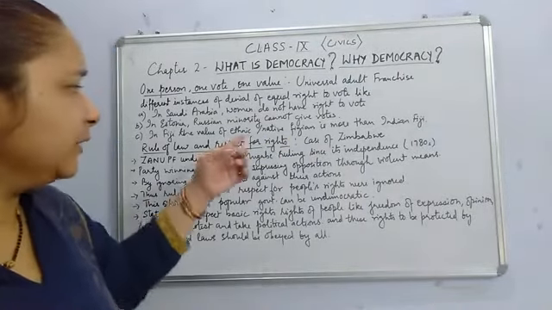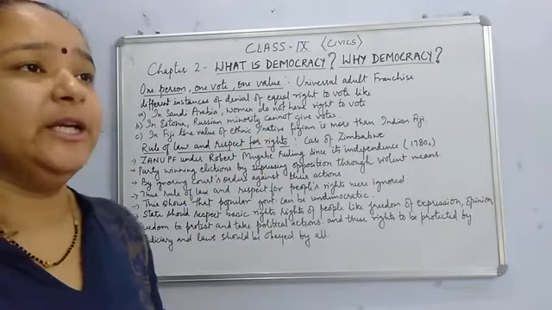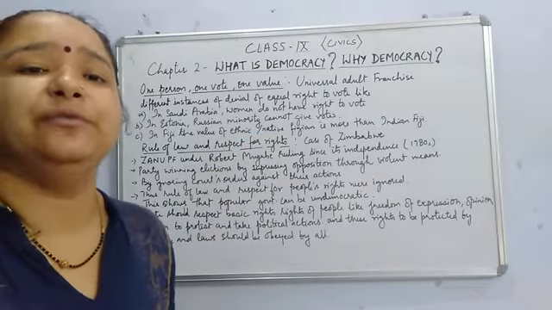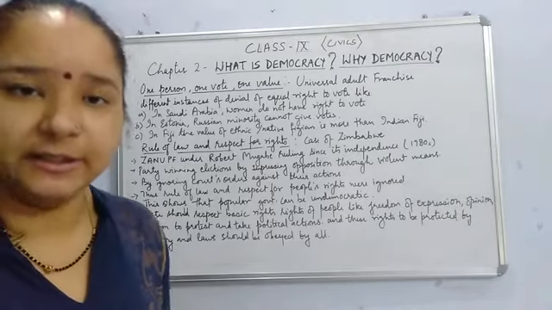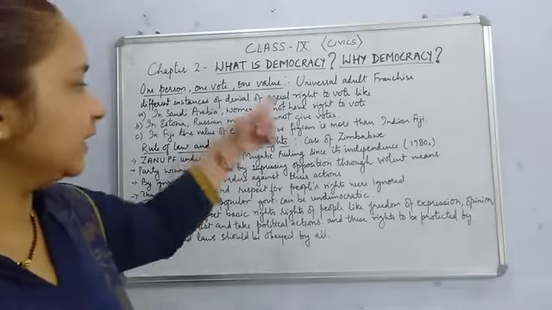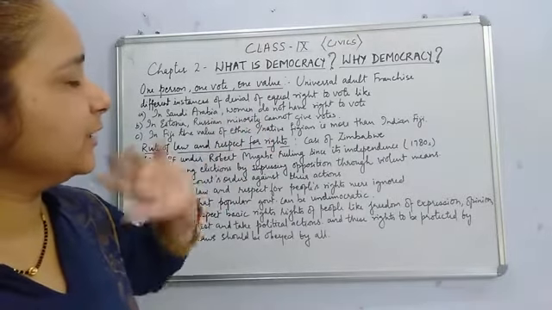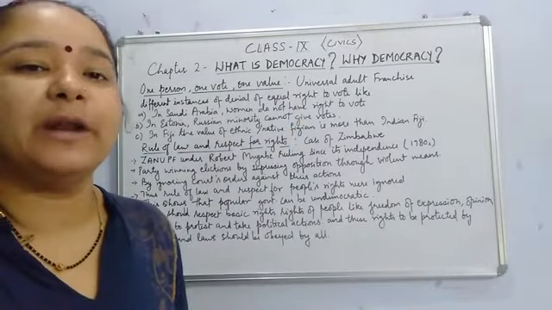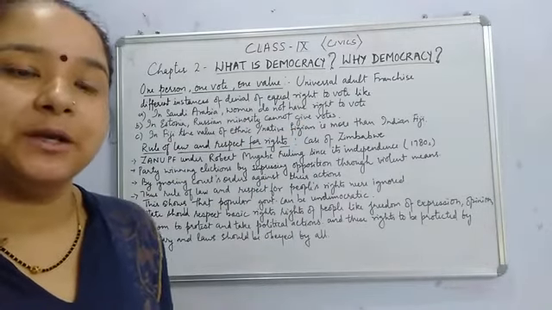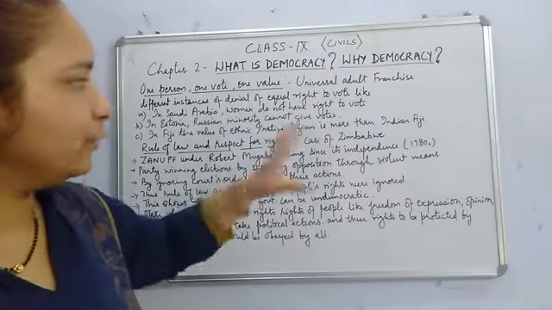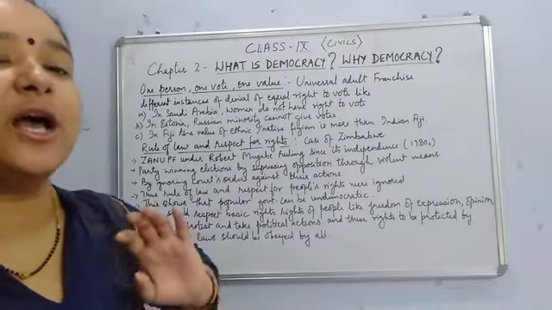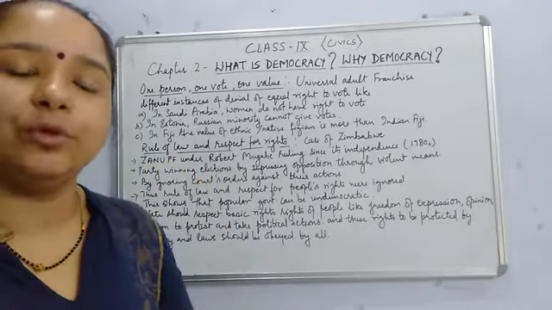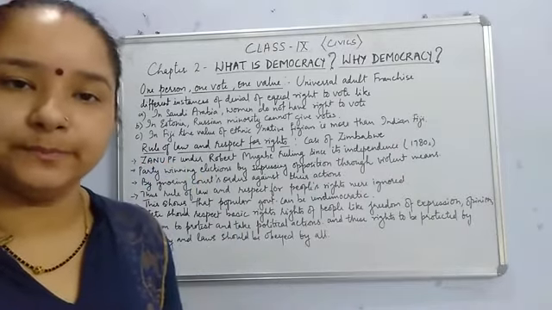So this ensures that only the rule of the native Fijian is considered there, right? So such are the cases which show that the concept of universal adult franchise is not applicable in these nations, right? There are groups in these nations which are not enjoying the political right to vote, right?